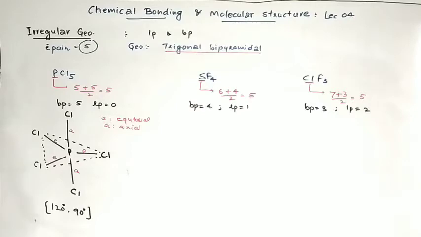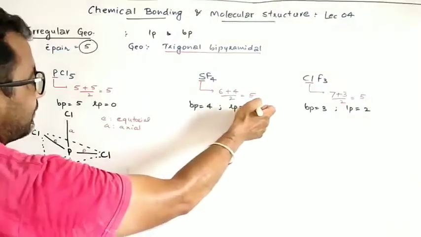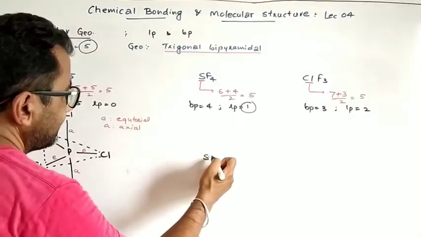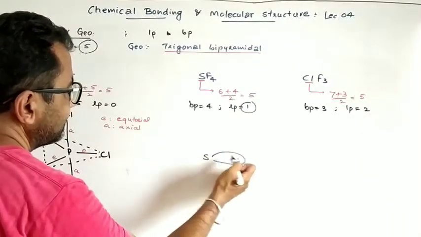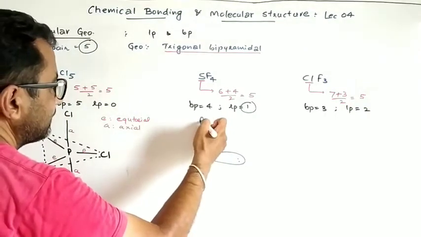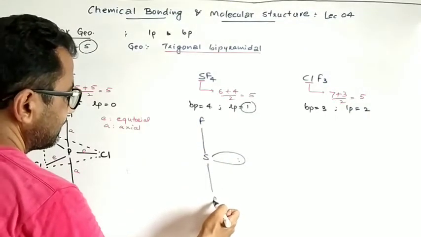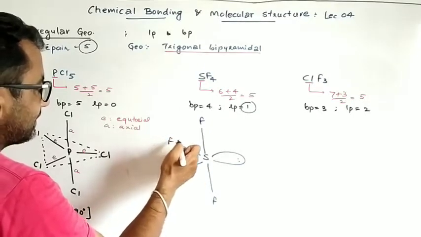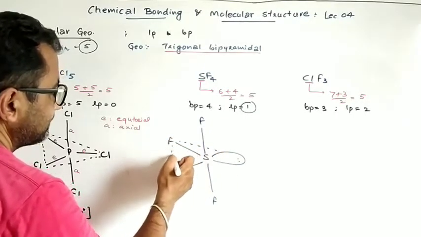So now next we move to SF4. Now there is one lone pair, so 2 possibilities are there. Either this lone pair will be on the equatorial position or it will be on the axial position. We will draw both the structures and then we will find which is more stable. So here you can see the lone pair is present at the equatorial position.